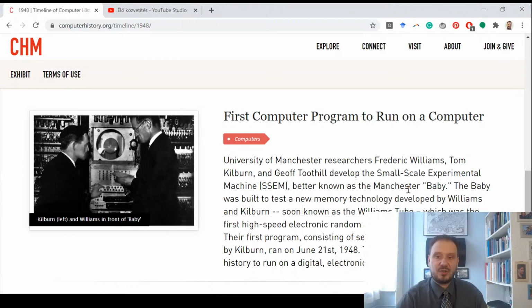Which was called the Manchester Baby. And this Manchester Baby was in function in 1948, and it was the first one to run a digital electronic stored program.